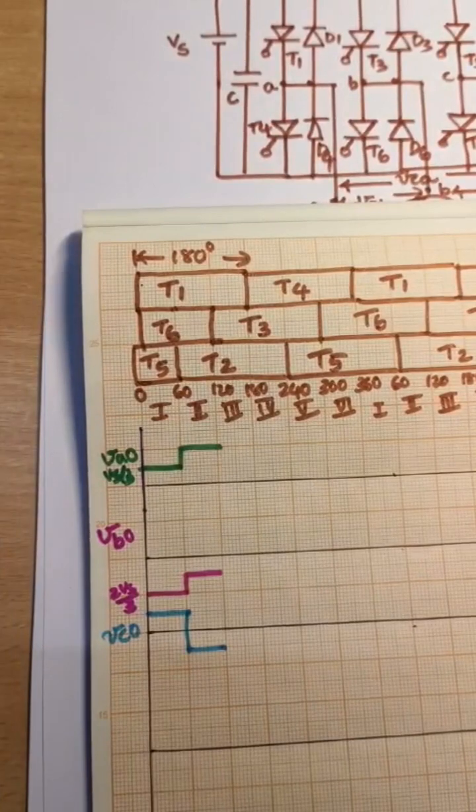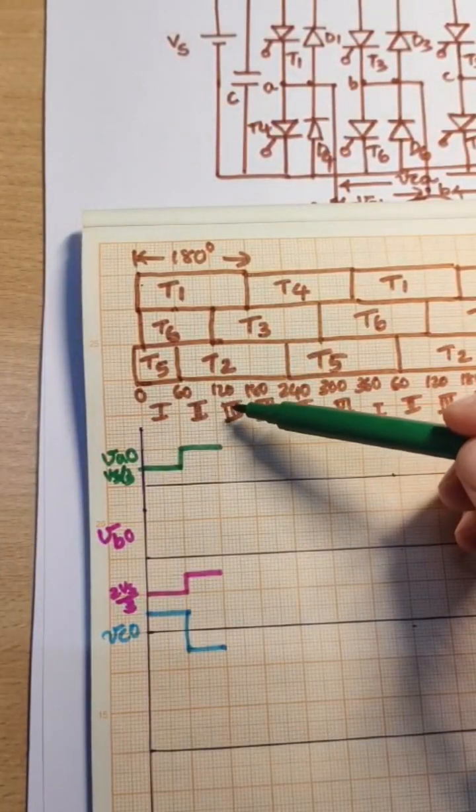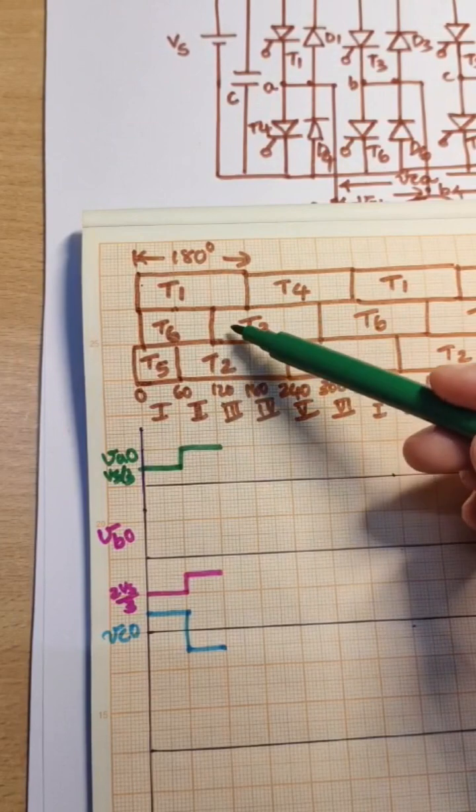Now next is step 3. For step 3, the elements in conduction are 1, 2 and 3.